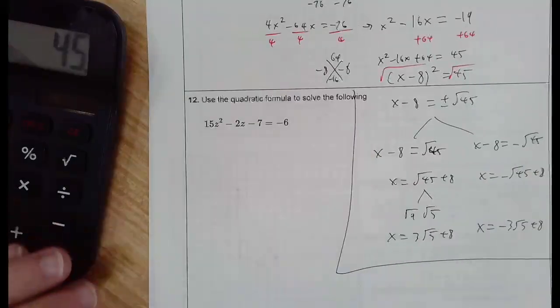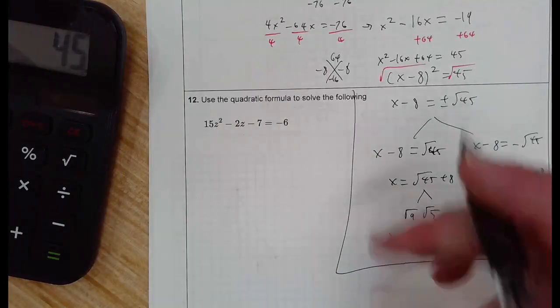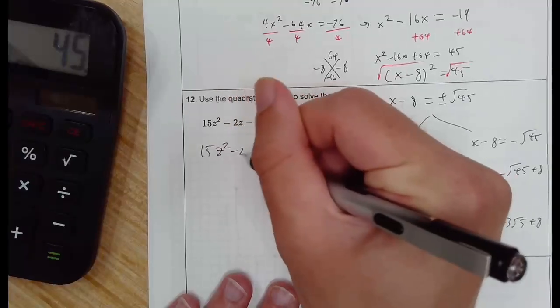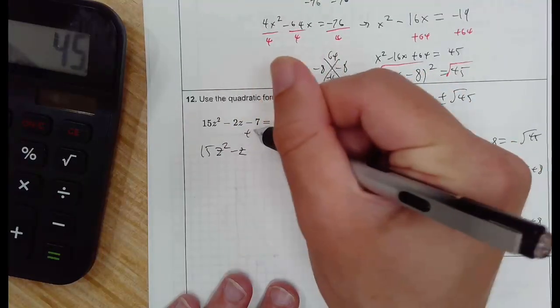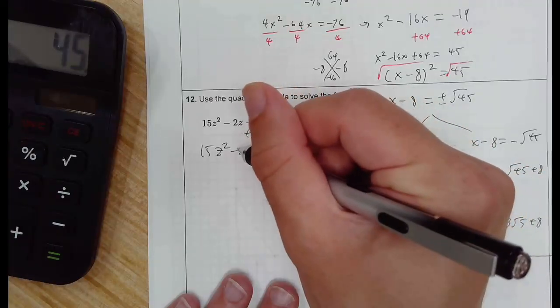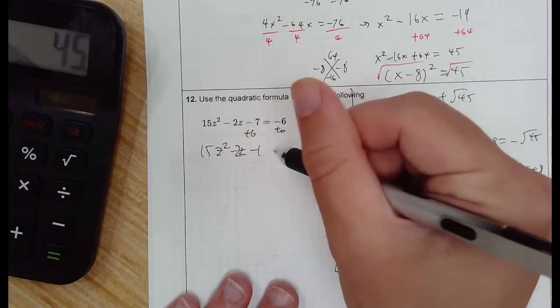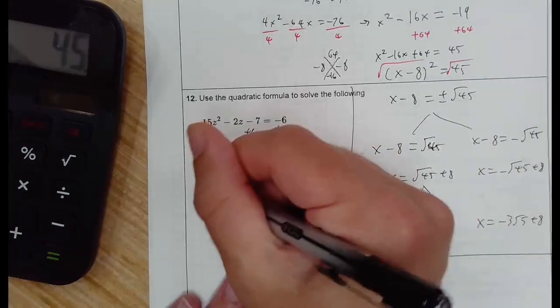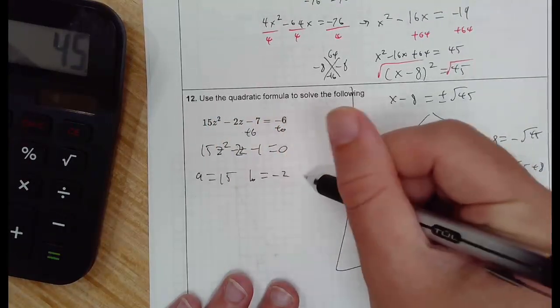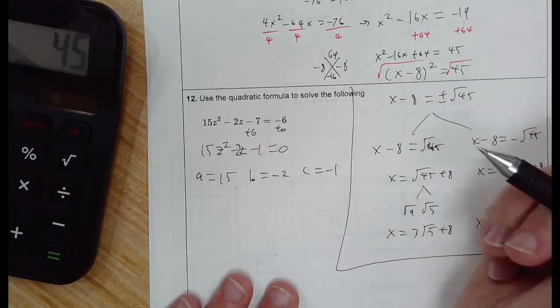Okay, quadratic formula. Set it equal to 0 as normal: 15z squared minus 2z minus 1 equals 0. So my a is 15, my b is negative 2, and my c is negative 1.